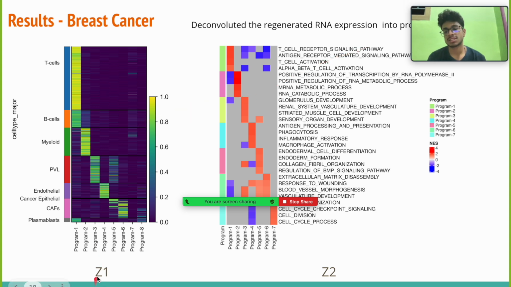We can see that Z1 is able to capture programs which basically capture the cell types. Like program 1 is basically trying to capture the two cell types, which are T and B cells, and so on. And then further we can see that Z2 was able to capture pathways which are more generic across the cell types, from T cell activation to the cell cycle process, from program 1 to program 7.